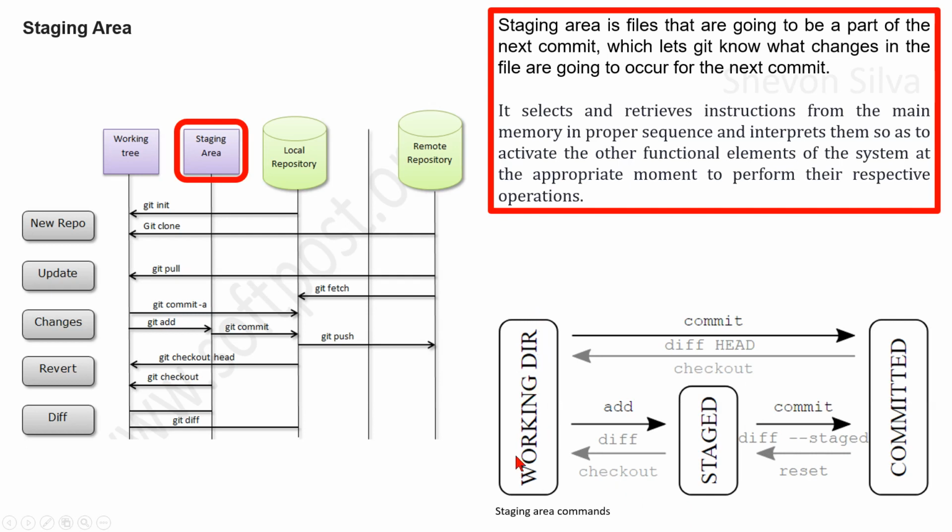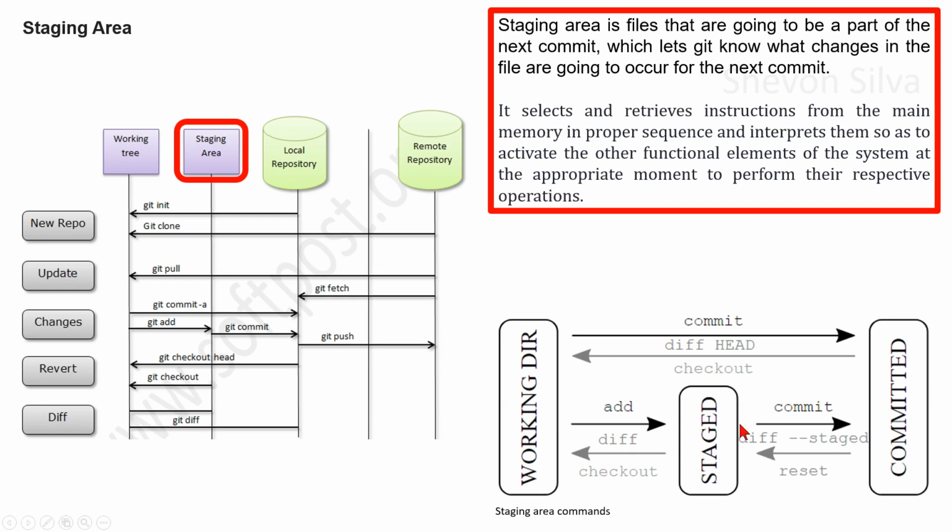Here you can see working directory and committed. Commit is passed from working directory to committed. Diff head and checkout are passed from committed to working directory. Here you can see staged. Add is passed from working directory to stage. Diff and checkout are passed from stage to working directory.